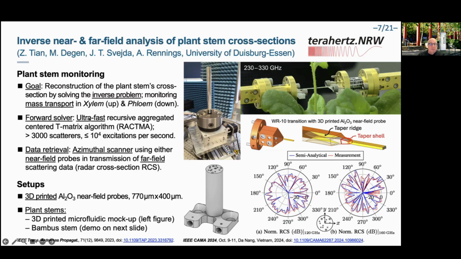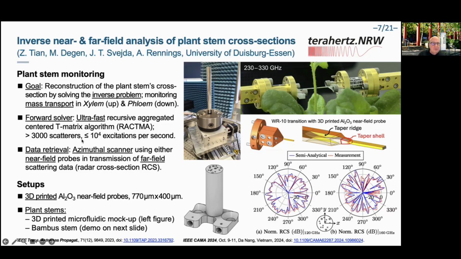So what we will use within our pretty fast forward solver is an aggregated center T-matrix algorithm, abbreviated as RACTMA. I don't want to go too much into details here, but what I can say is it's extremely fast. To drop some numbers, we can analyze even more than 3,000 scatterers.